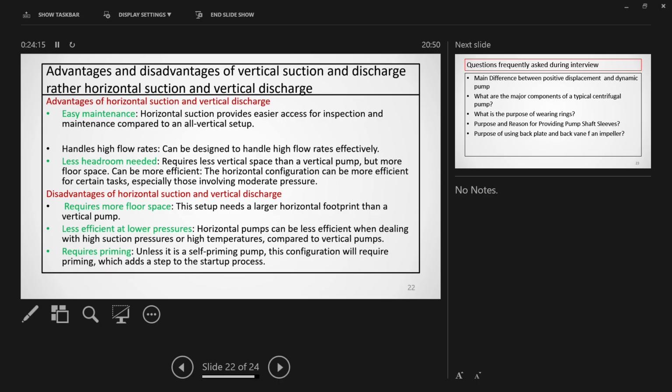That's why it is less efficient due to low suction pressure, and it requires priming, because there are chances of air trapping. This is the disadvantage of using horizontal suction.